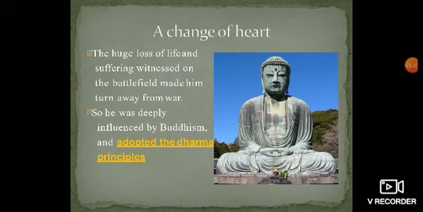Kalinga War opened Ashoka's eyes. He was shocked by the bloodshed and people losing their lives and families. From then onwards, he realized that he wanted to have peace and non-violence. So he followed Buddhism. The teachings of Buddha greatly influenced him.